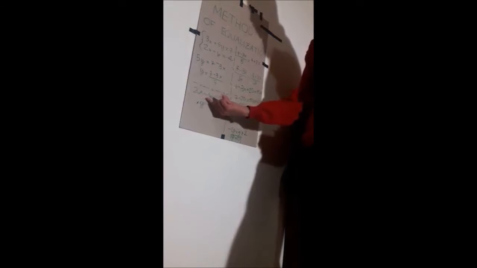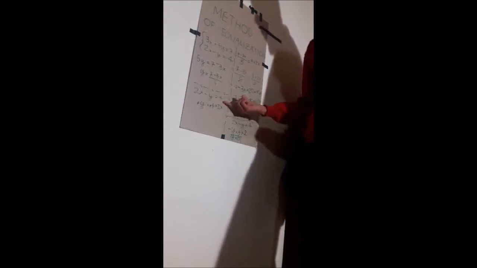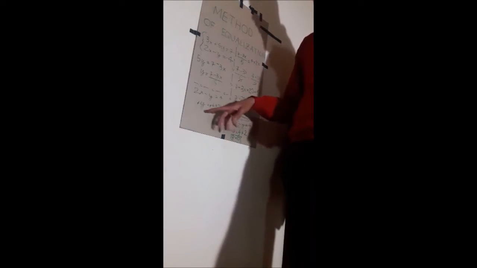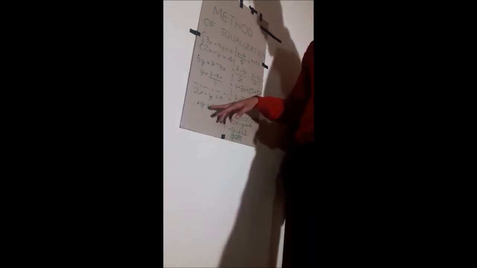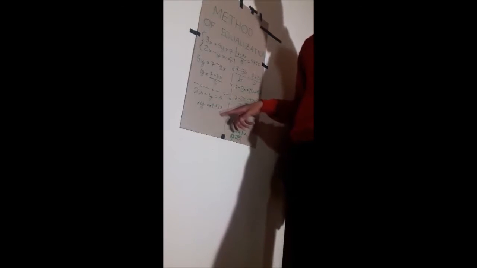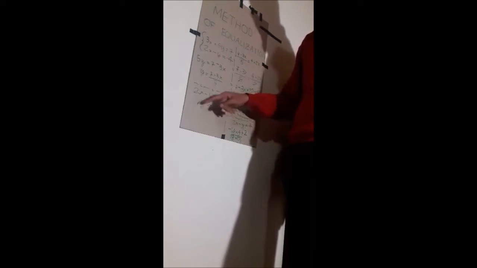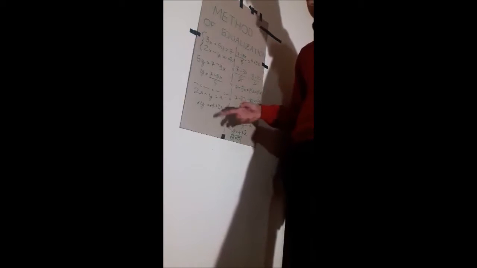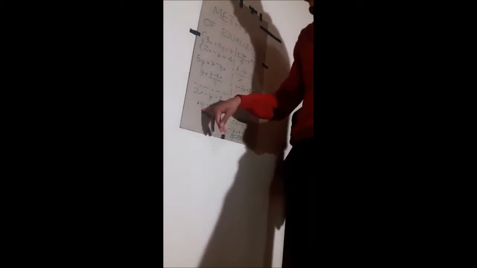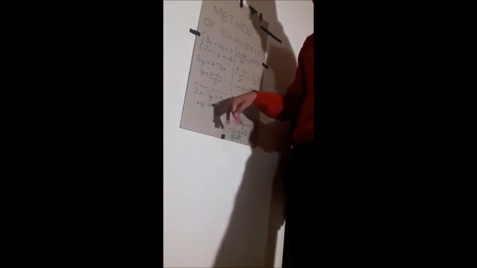We have 2x minus y is equal to 4. We clear y again, and we have minus y equals 4 minus 2x, but I multiply everything by minus one so everything becomes positive. So y is equal to 2x minus 4.